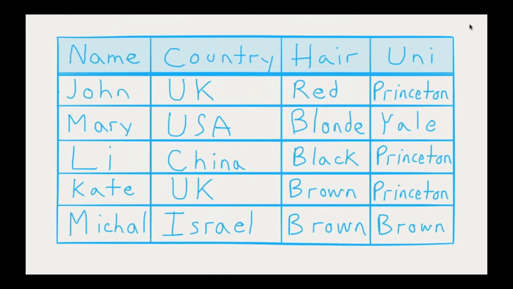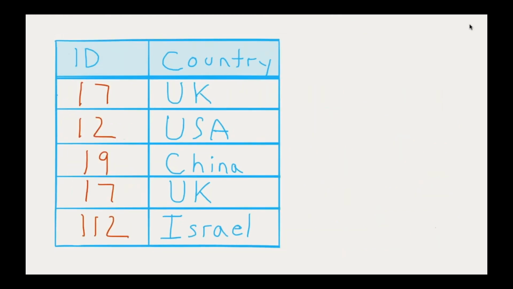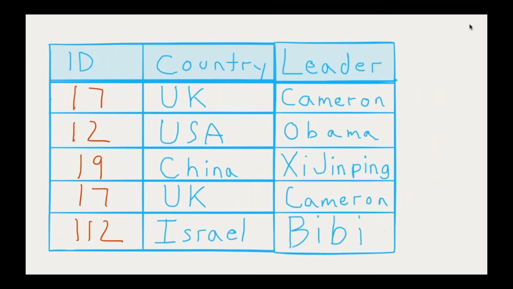So a typical relational database stores data in tables, might look something like this. Name, country, hair color, university, and then you normalize your data and break it out to eliminate duplication and keep things consistent. So you put the countries in a separate table, and then you can put additional information in this other table, such as the leader of the various countries, and as you can see, some of these are very outdated at this point.